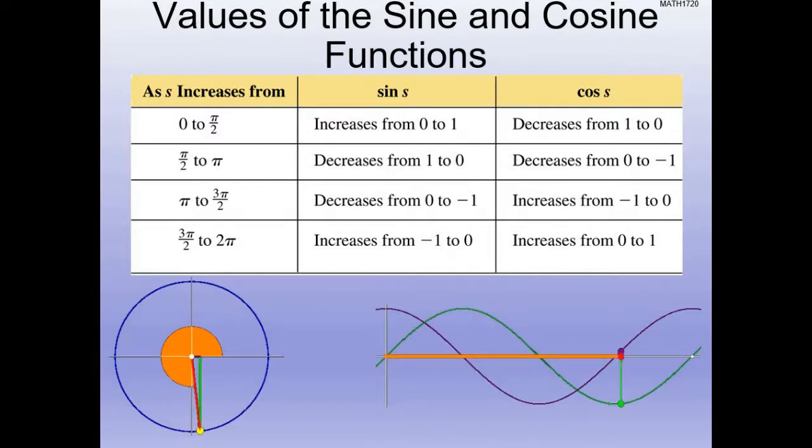The green represents, on the unit circle, the vertical aspect of our right triangle. If we look back at our reference angles, that's the height, that's the y aspect, that's the sine aspect. So the green on the unit circle corresponds to the green graph that's going along.